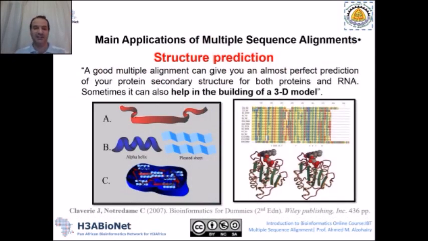Structure prediction, this is very important also, because the people who are interested in building 3D structure models want to see how things are going within that 3D structure. So for that you also need to build a multiple sequence alignment, identify some important features in your protein, and based on that you can build your model.